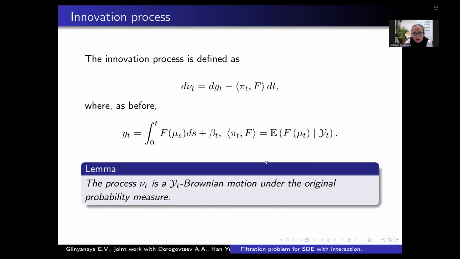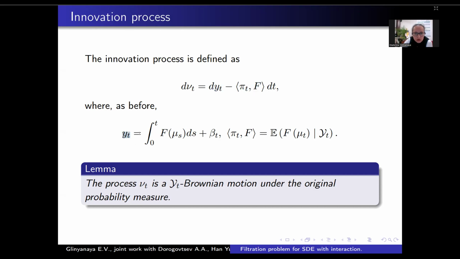Okay, so this is the so-called analog of the Zakai equation for measure-valued filters, and in order to get the equation for the initial optimal filter, we can define an innovation process as follows.